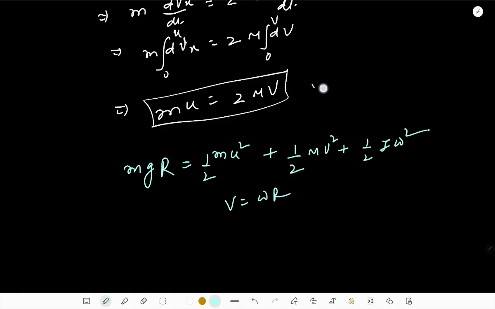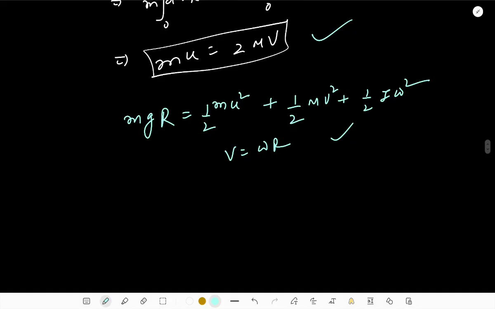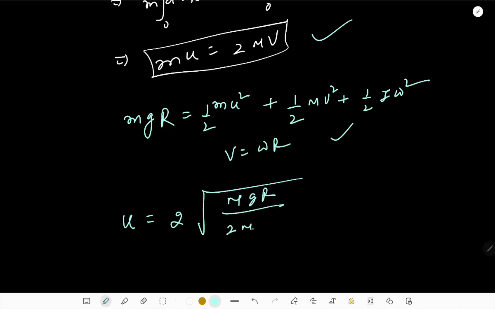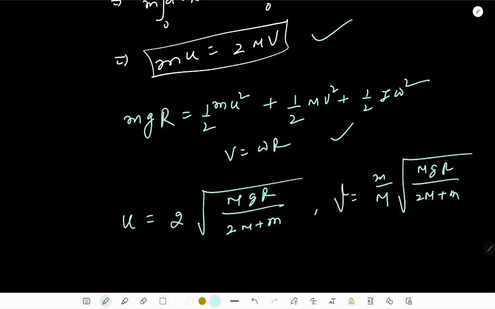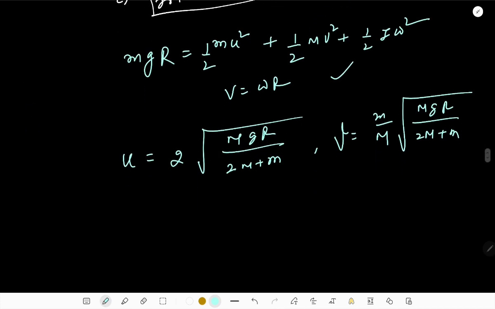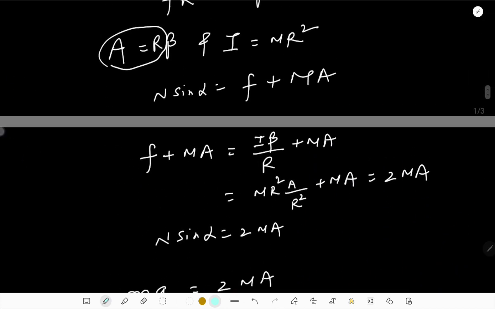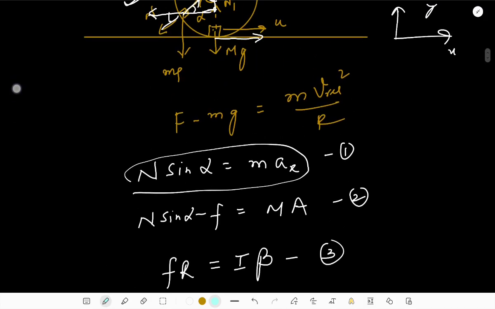And using these two equations, you will be able to get the value of u, and that you will find is something like under root mgr by (2m plus m), and v as m by M under root mgr by 2m plus small m.